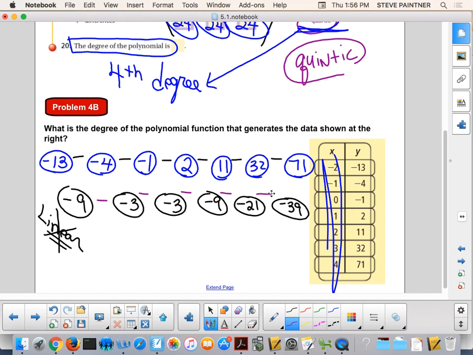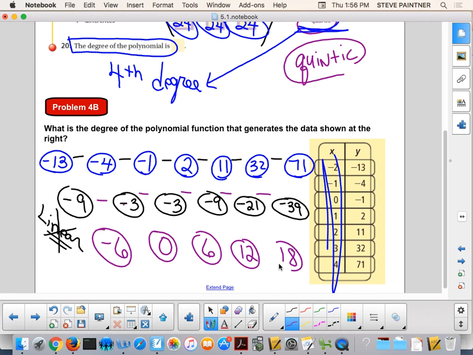Because I'm doing this in my head pretty quick. Is that what you guys are getting on this second try?